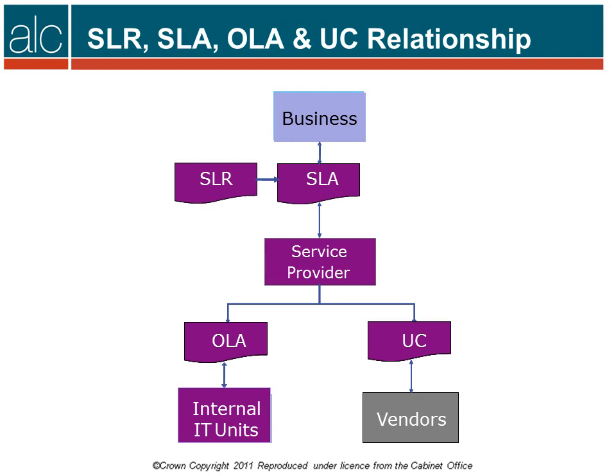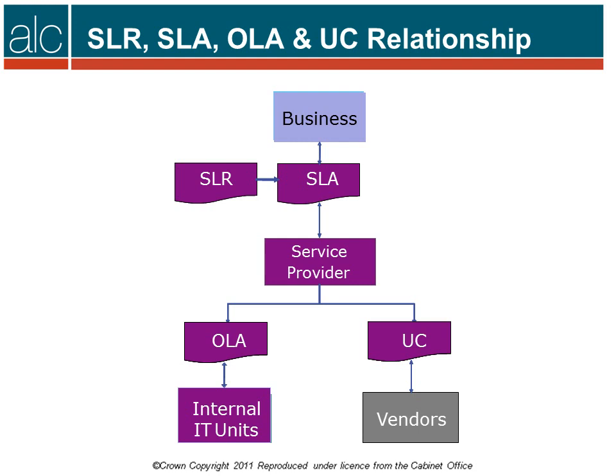The easiest way to study service level management is to look at the relationships among service level requirements, service level agreement, OLAs, and UCs. Do you remember that between the service provider and the business, the contract is known as service level agreement.